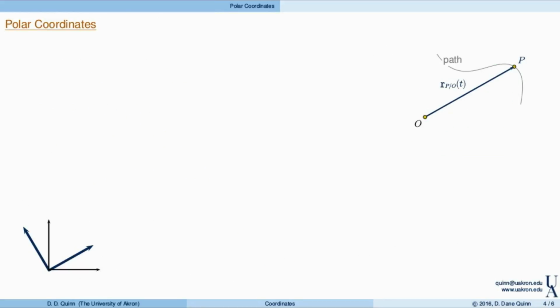The next set of coordinates that we'll look at are polar coordinates. So now the position vector is described in terms of directions that move with the position vector itself.